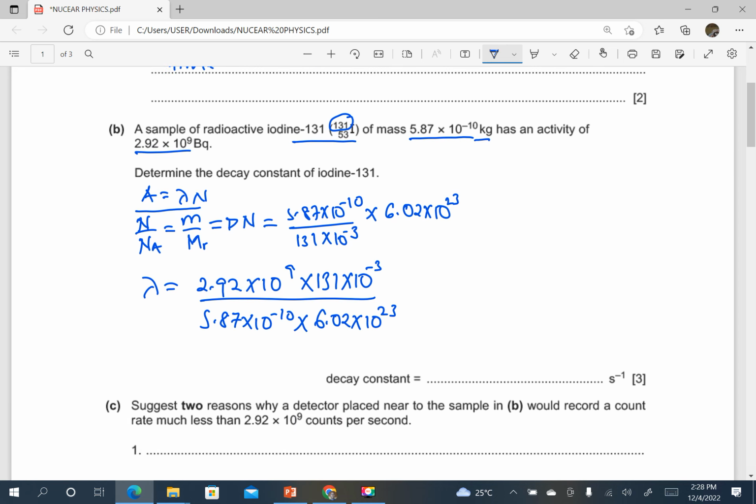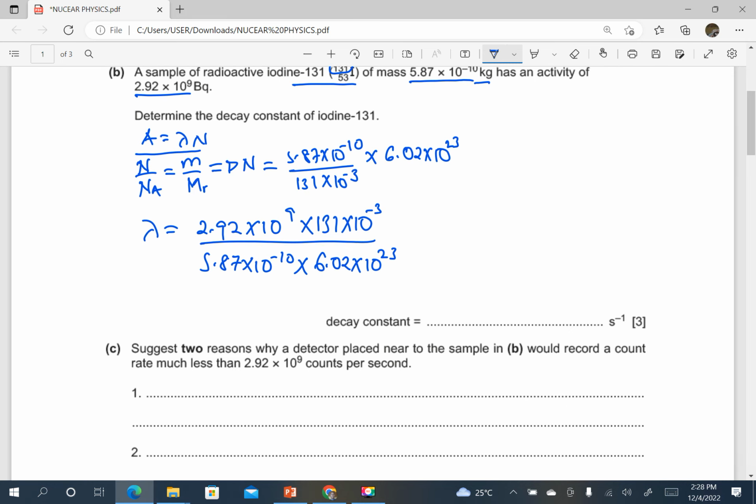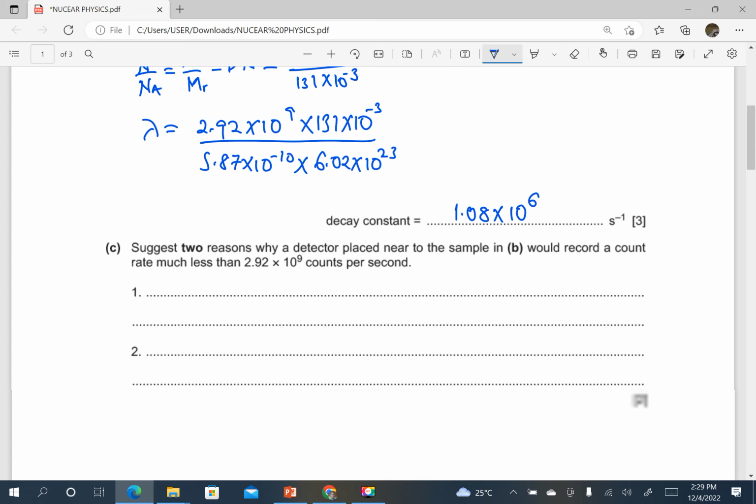So I press my calculator to find lambda. My calculator is giving me lambda as 1.08 times 10 power 6 per second.